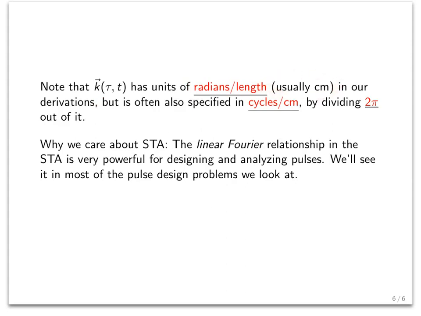So in our derivations, we use radians per length. It's often also specified in cycles per centimeter, which you get just by dividing 2 pi out of it, and then leaving the 2 pi in the complex exponential multiplying k times x. So that's something to keep in mind. It will either have units of radians per length, or it will have cycles per centimeter, and then you'll see another 2 pi in the exponential to transform the cycles to radians.